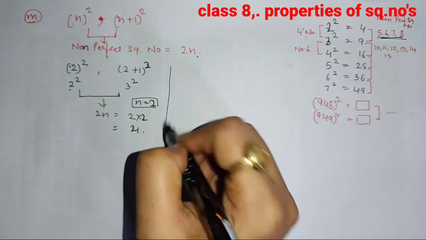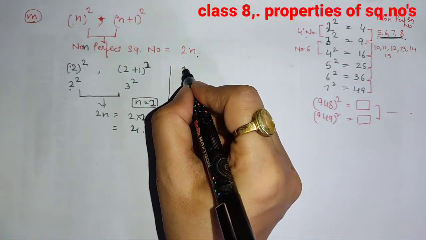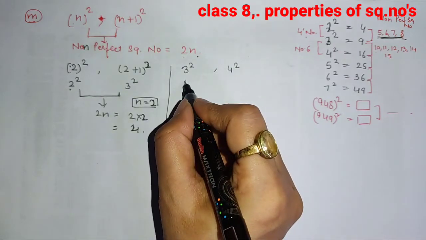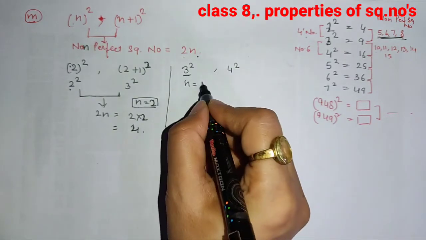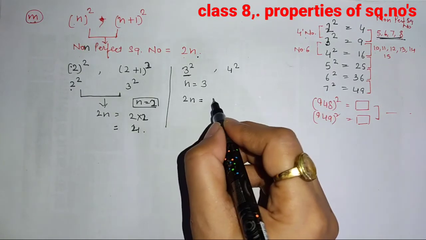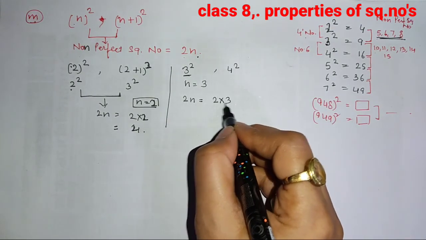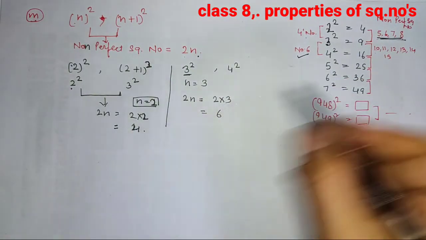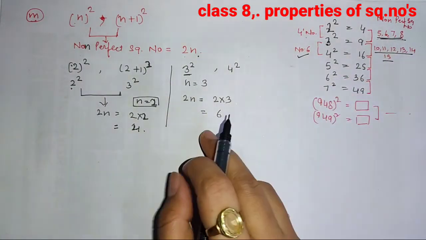The same way, when you take 3 square and 4 square, your n is 3. Now the non perfect square numbers are 2n, means 2 into 3, means 6. Now you can see all these are 6 numbers.